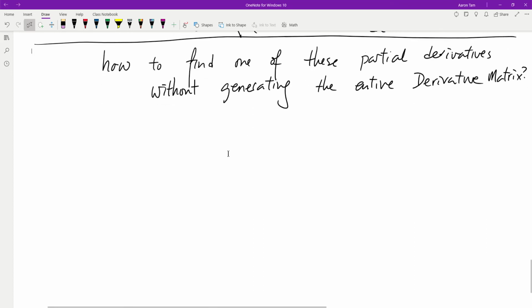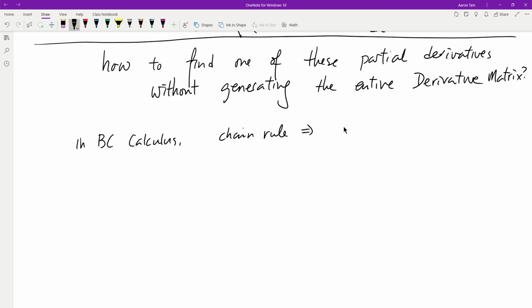And the way to do that is start from BC calculus. Now, if I remember in BC calculus, obviously you learned the chain rule to be this. Basically, g composition f prime of x is equal to g prime of f of x multiplied by f prime of x.